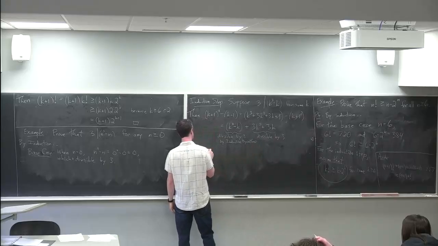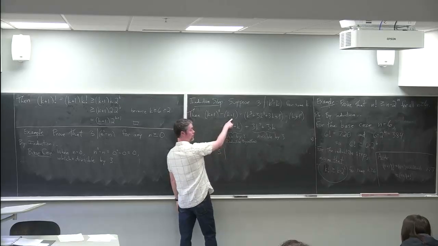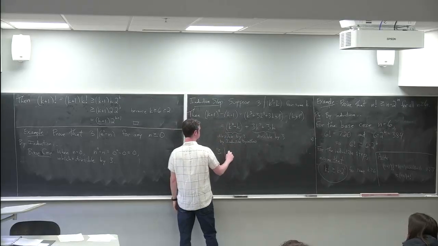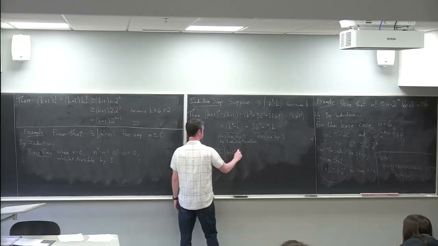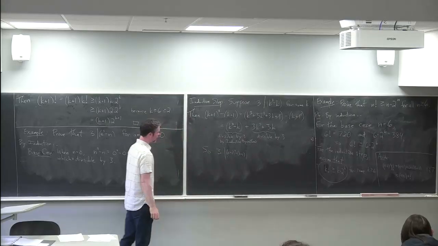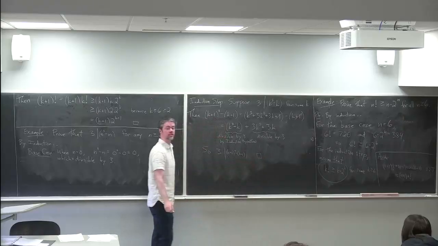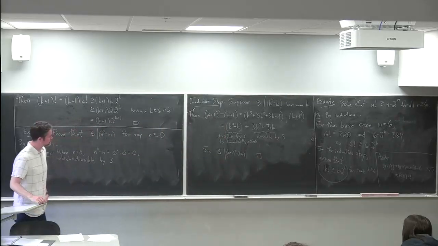Okay, and so in conclusion, this number that we started out with has to be a multiple of 3. So that whole expression is divisible by 3, and that would be the end of our proof by induction, because that completes the induction step.